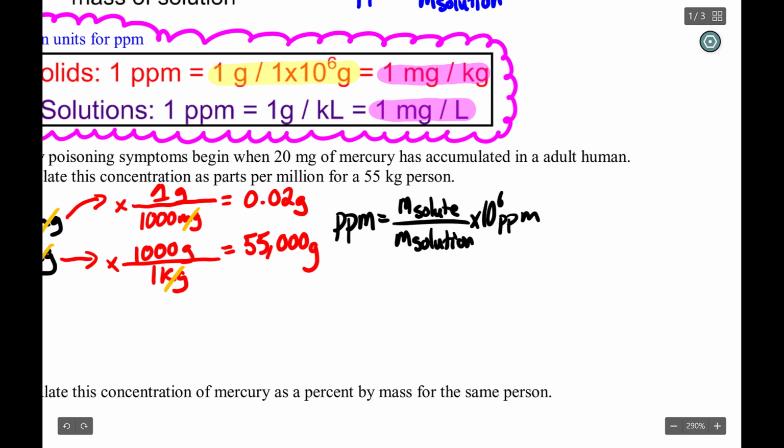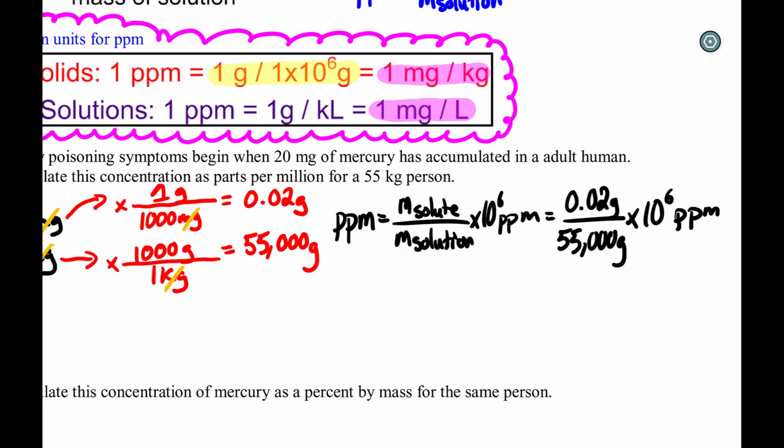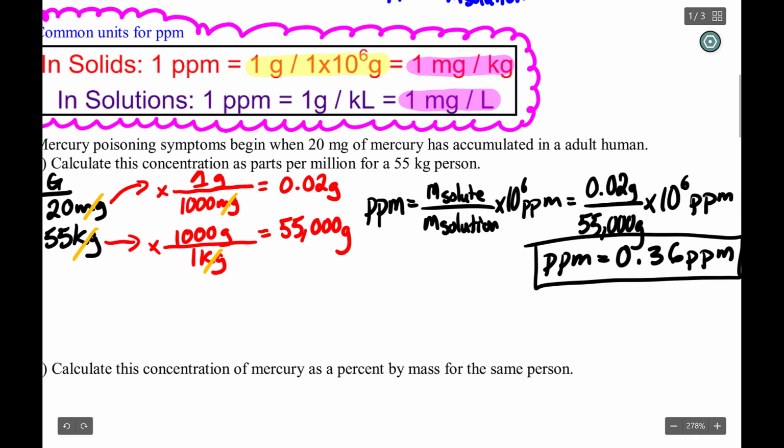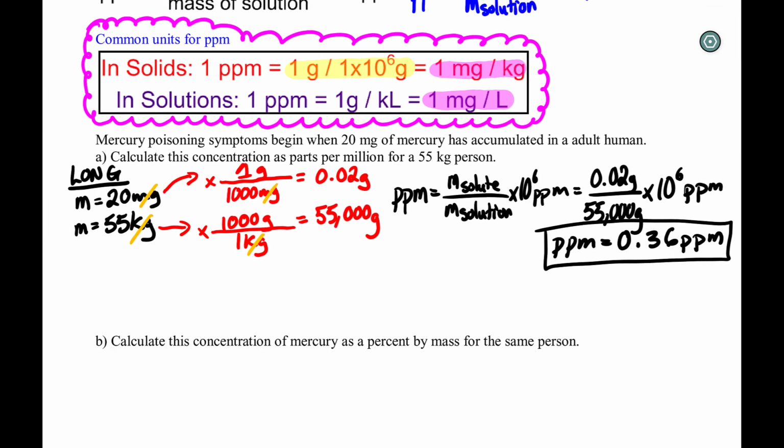Putting those numbers in, you'd have 0.02 grams all over 55,000 grams times 10 to the power of 6 ppm, and I get 0.36 parts per million. Okay, so that's the long way. I personally wouldn't do it that way, but it is an option.